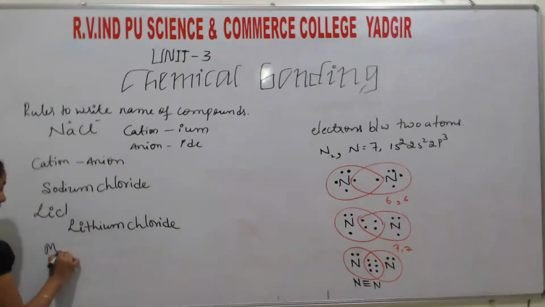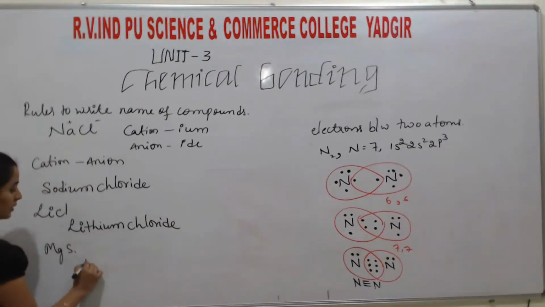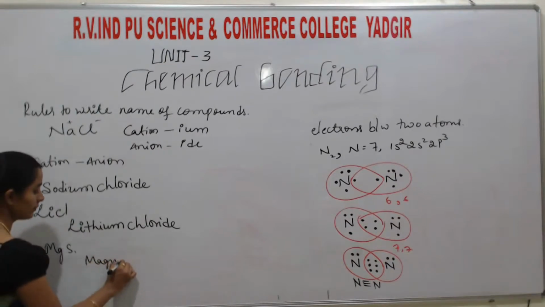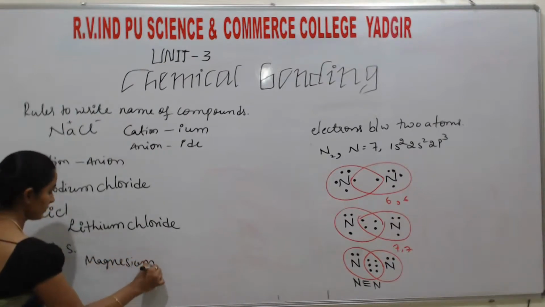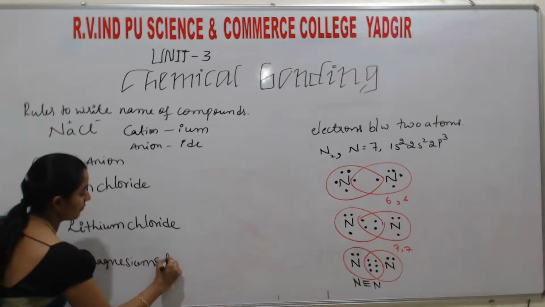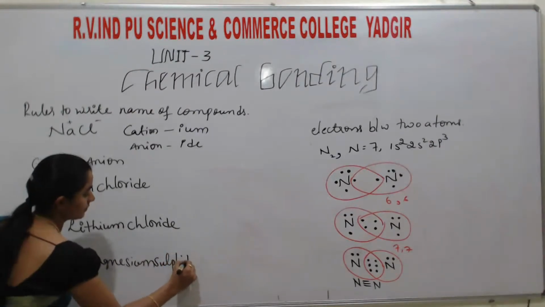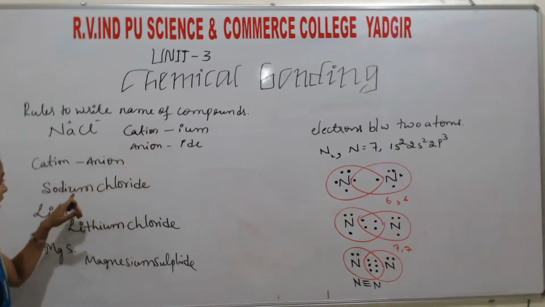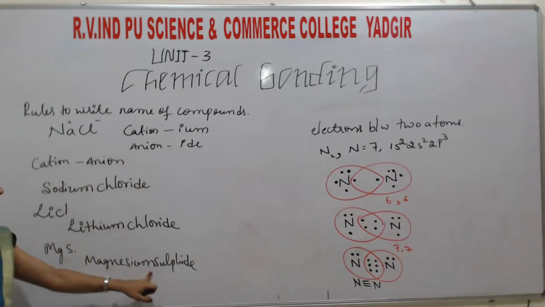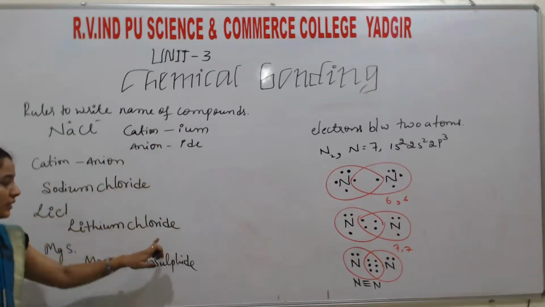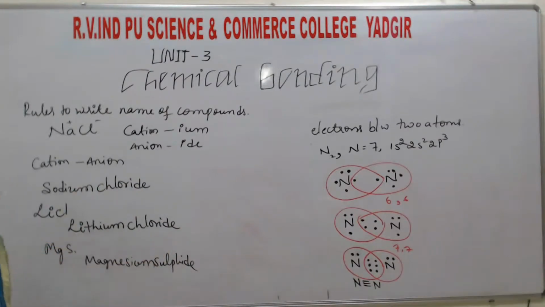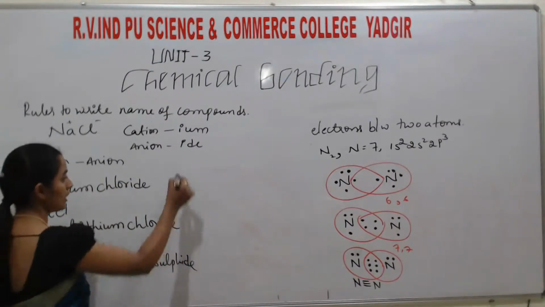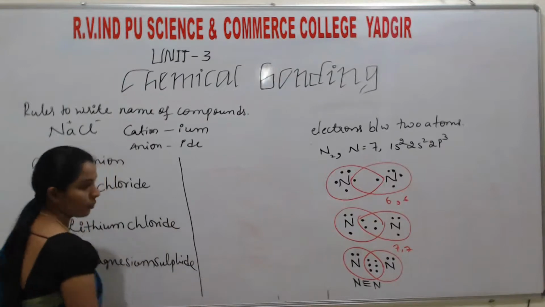If you take MgS, this is magnesium, this one is sulfide. Understand? So always the cation ends with IUM and the anion ends with IDE. This is the way to write the name of the compounds.